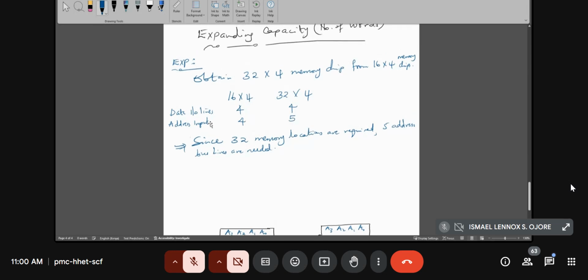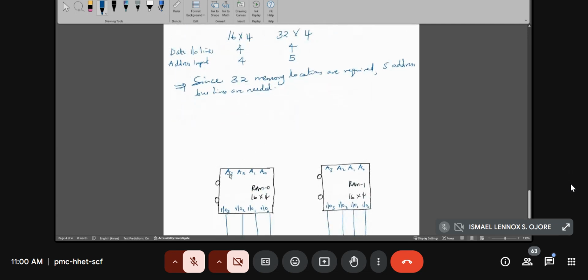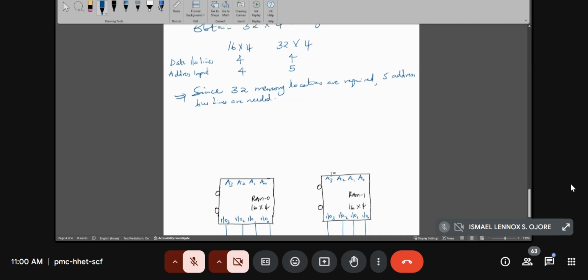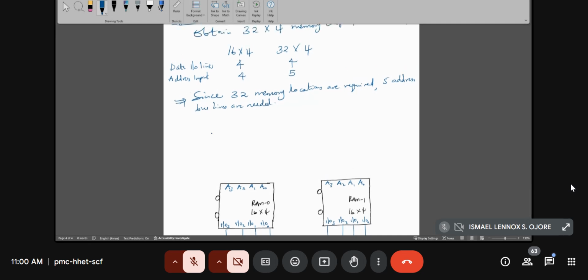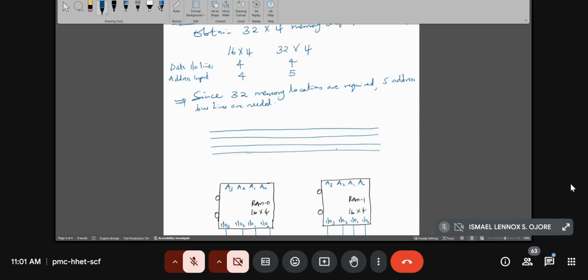From our determination, we need 5 address lines, but we can see the chips actually have 4 address lines. Nonetheless, from our analysis, we need 5 address lines.